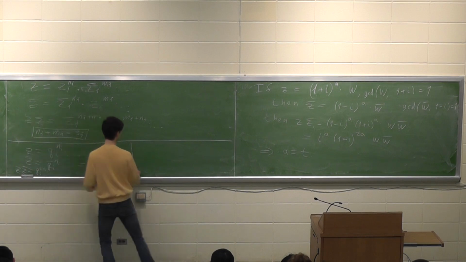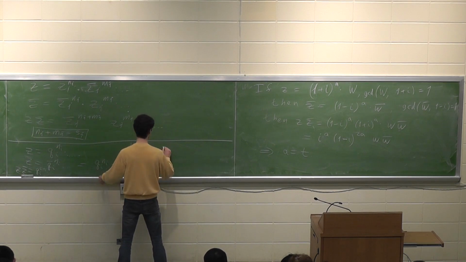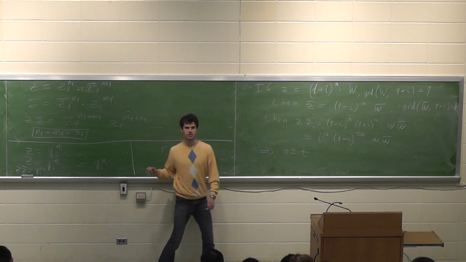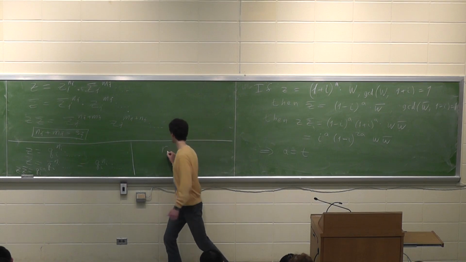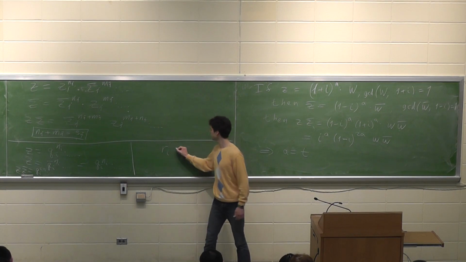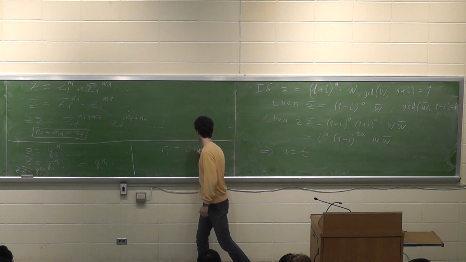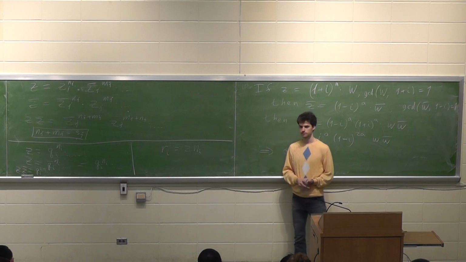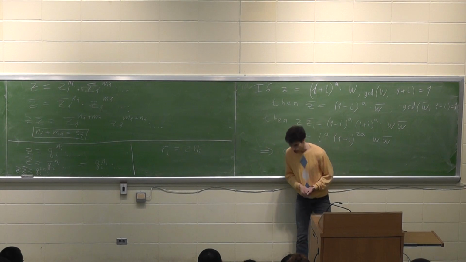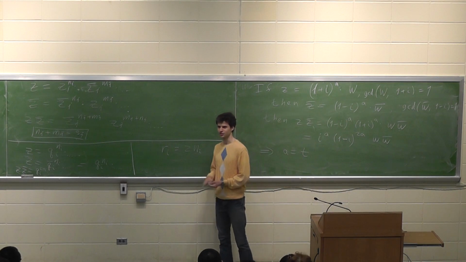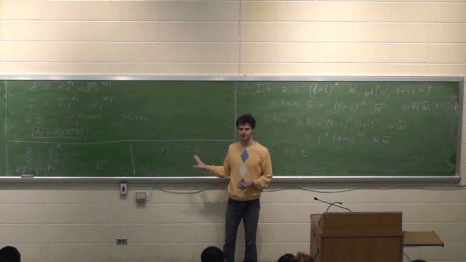So the condition is like this. The power of Q which divides N, which was called Ri, must be equal to 2 times Ni. They have to be even. Otherwise, there is just no factorization.